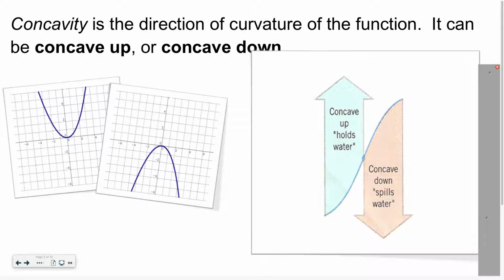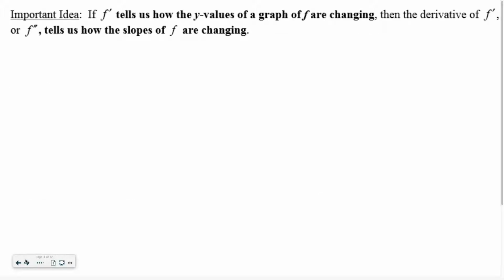Now, our second derivative is what is going to help us figure out our concavity. So F prime tells us how the y values of the graph are changing, right? We're talking about change of y over change of x.